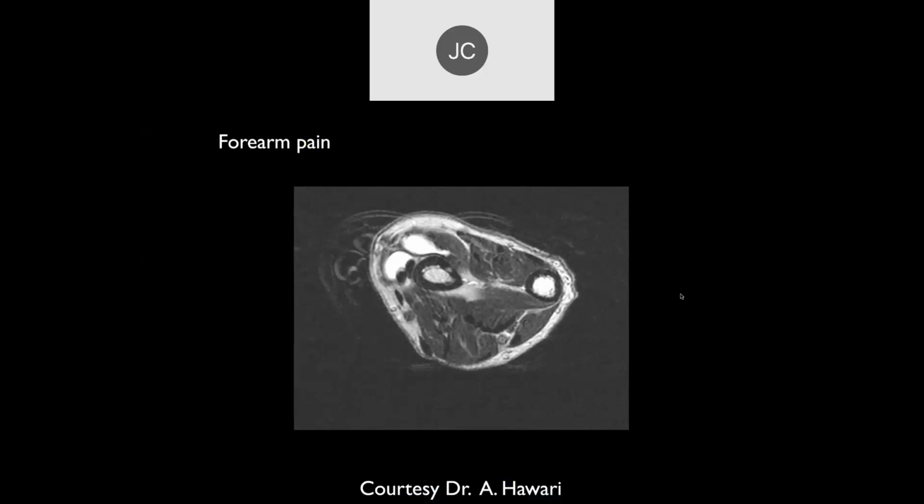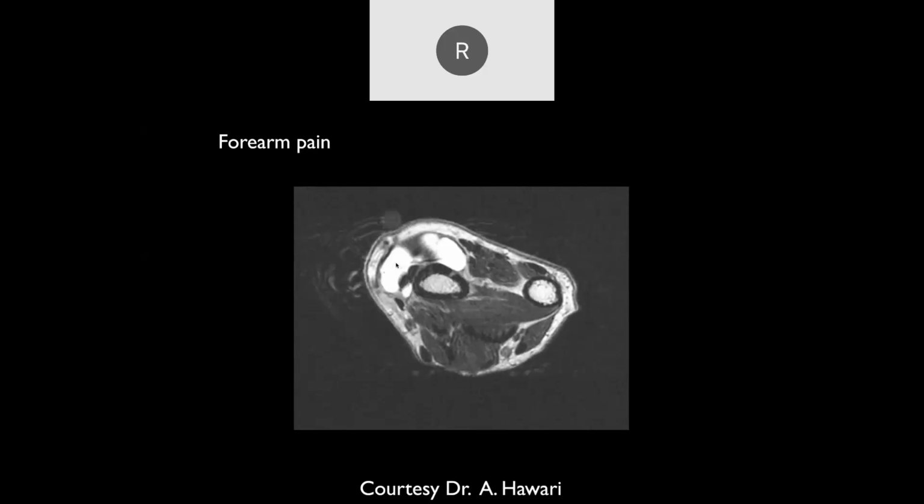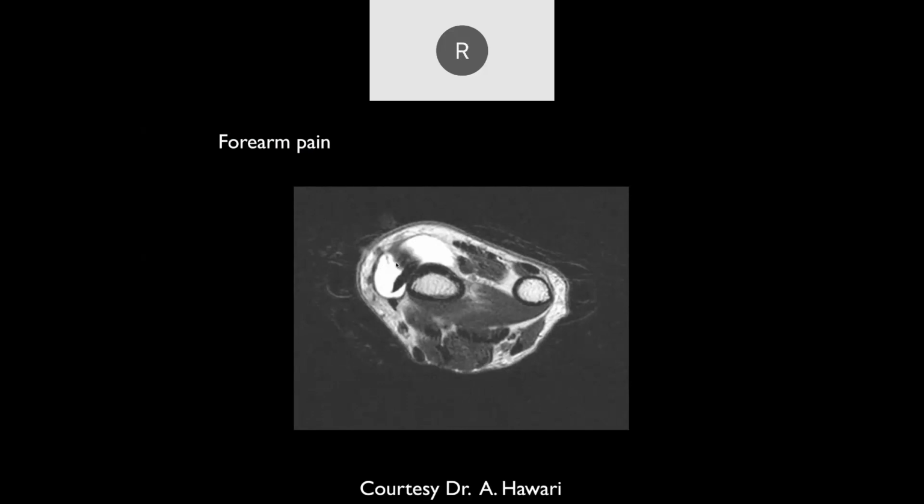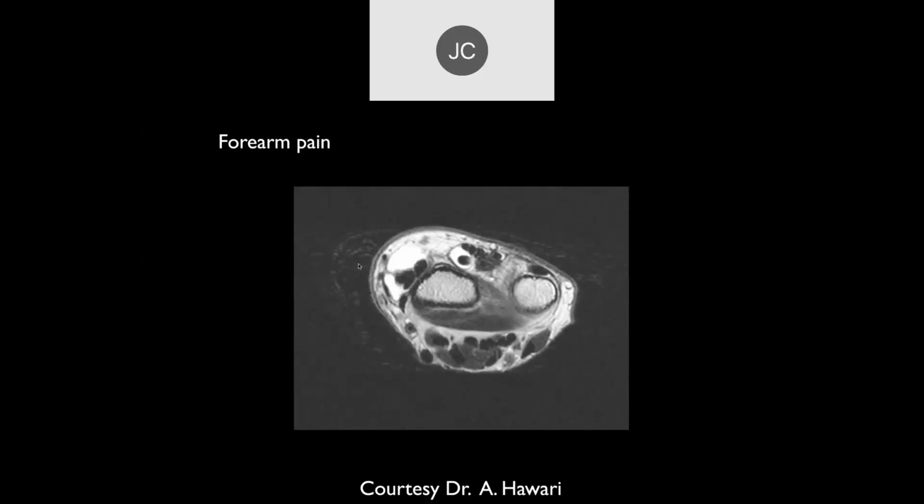Okay, Robert. All right. So we have a history of forearm pain, and there's a lot of fluid surrounding the tendons there, which is again, first and second compartments, I think. Again, I see a lot of fluid there.